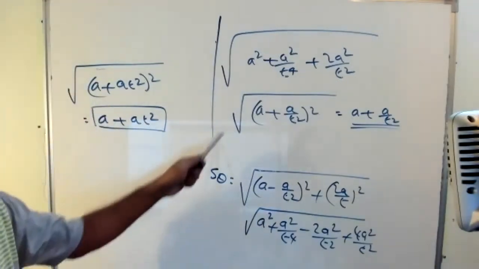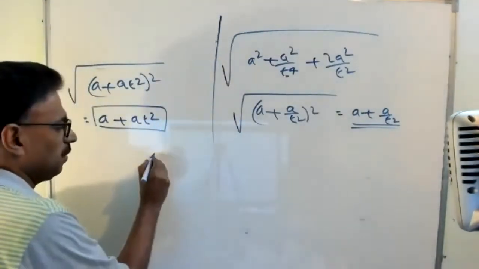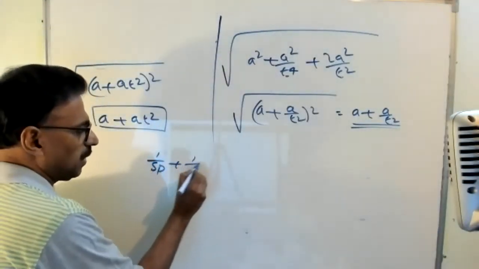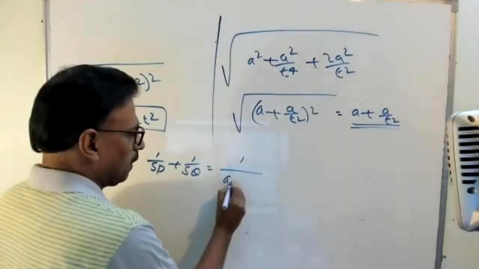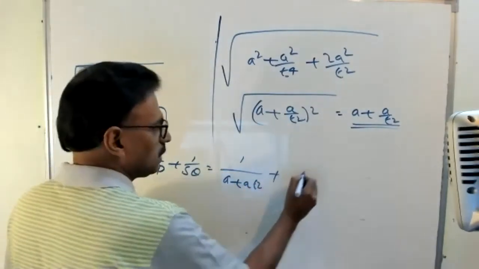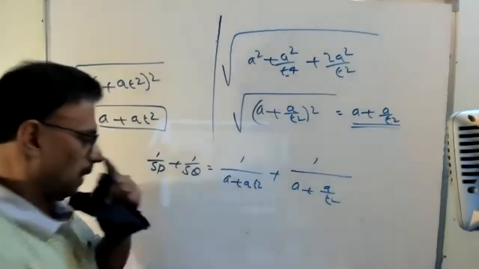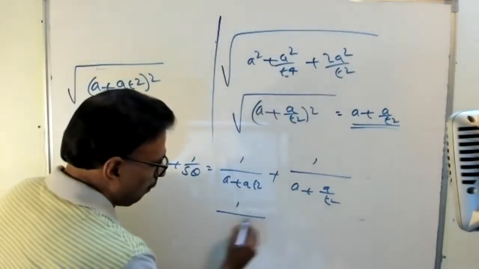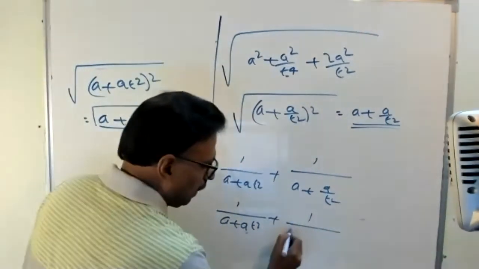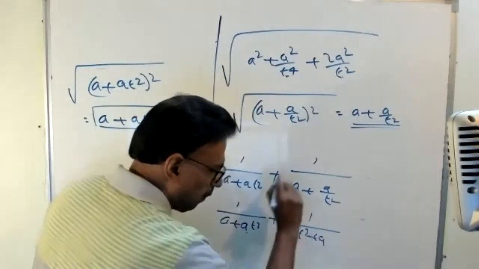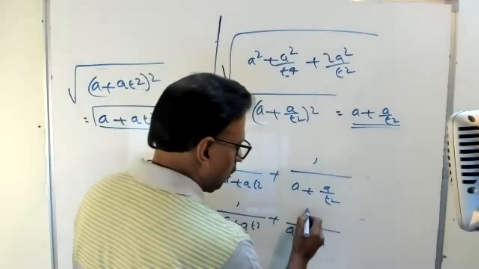Now we are going to find 1 by SP plus 1 by SQ. 1 divided by a plus a t square plus 1 divided by a plus a by t square. That is 1 by a plus a t square plus 1 divided by a t square plus a by t square going up. LCM t square going up.